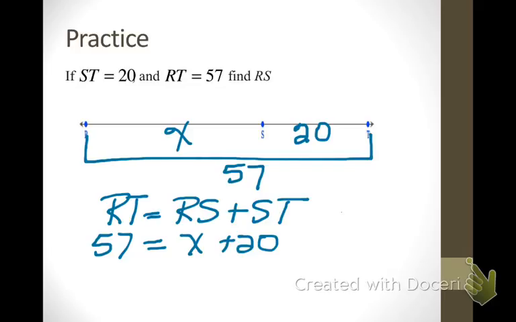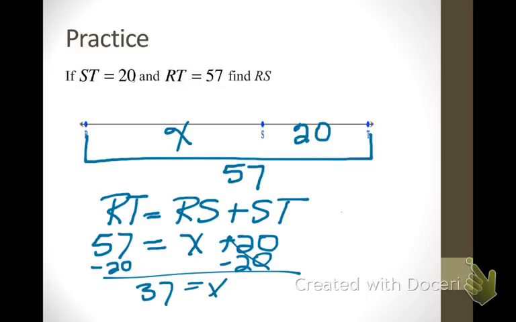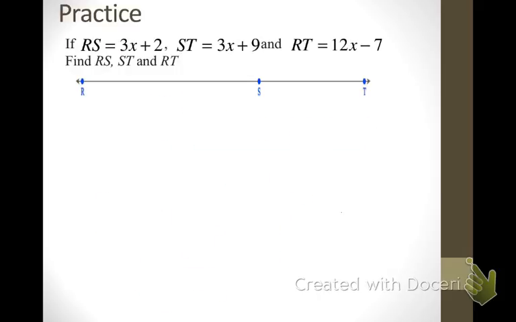And we know that ST is 20. Now this is a one-step equation. You know how to solve. So do so, and you're going to find that X is 37. So the length of line segment RS is 37. Remember, parts add together to give you the whole. That is called the segment addition postulate. That's what we just used.